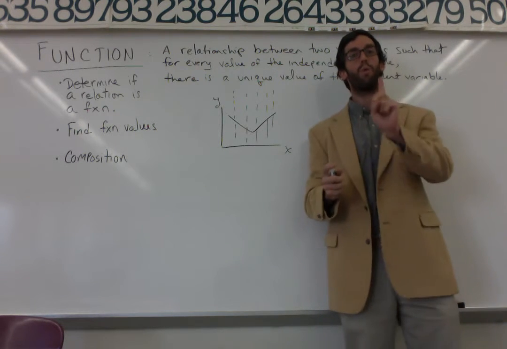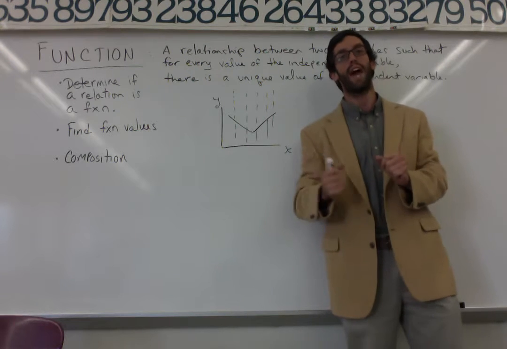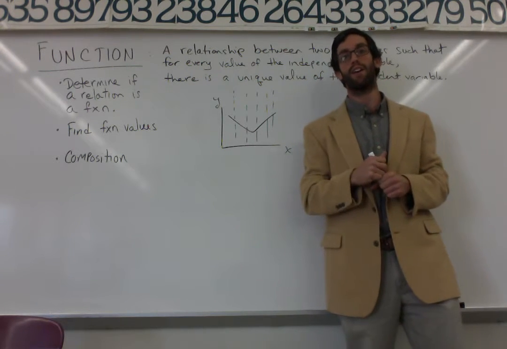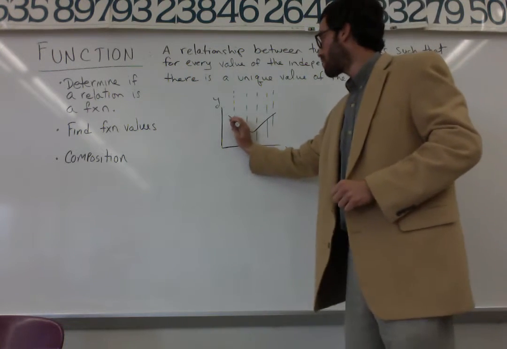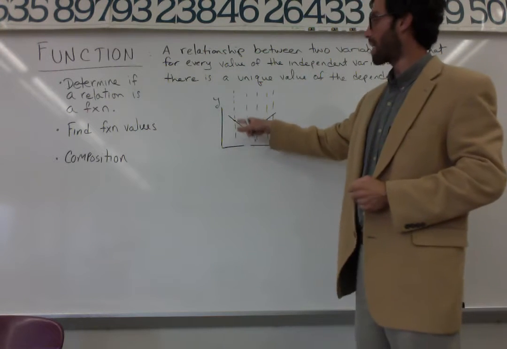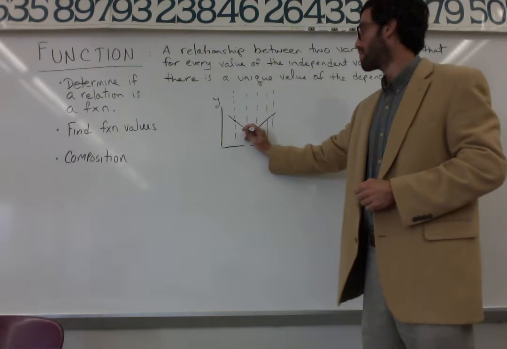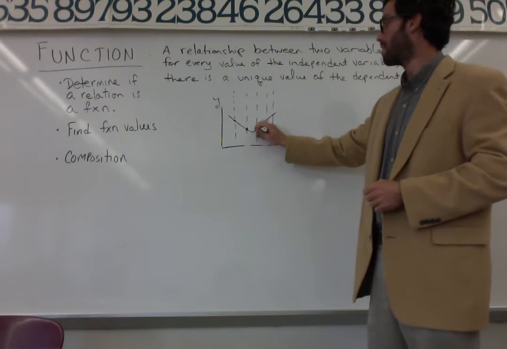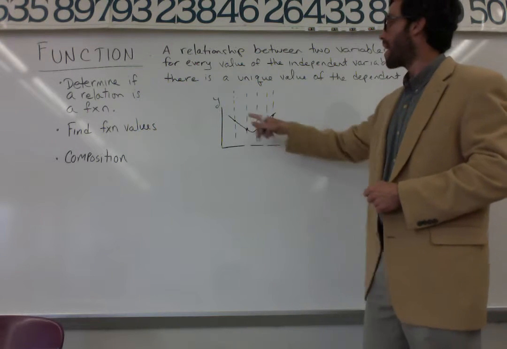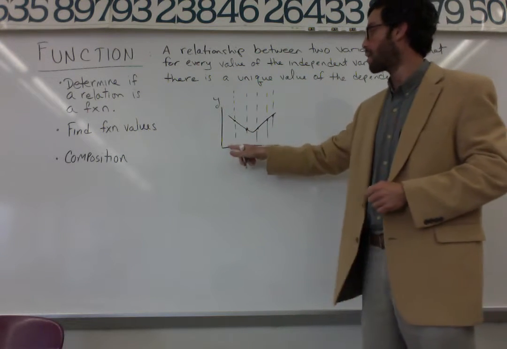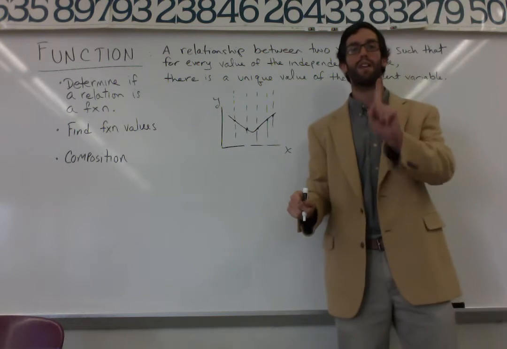If the graph just hits one time, then yes, it is going to be a function. Because if it just hits one time, that means for this x value, there's just one y value. Same here, same here, same here. For any x value on the domain, there is one unique y value.